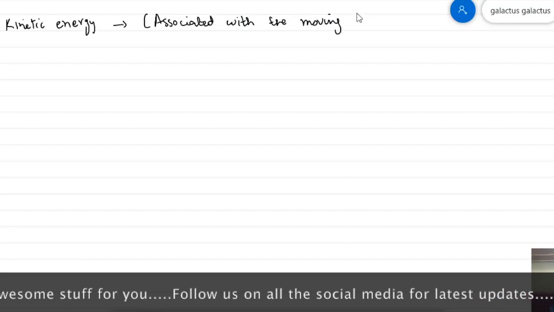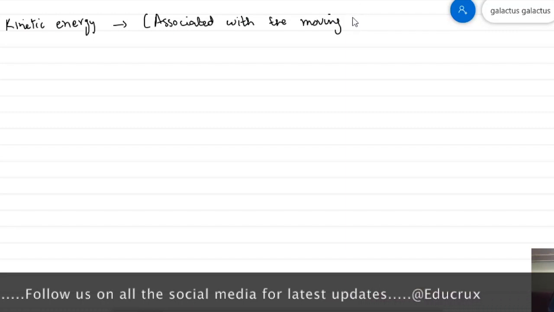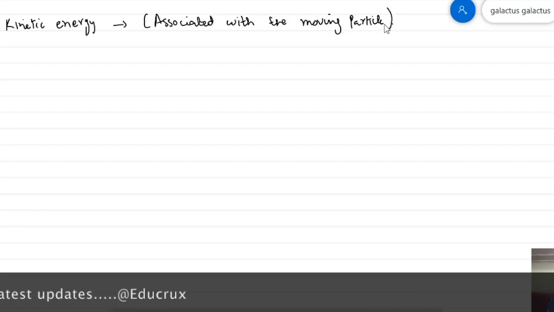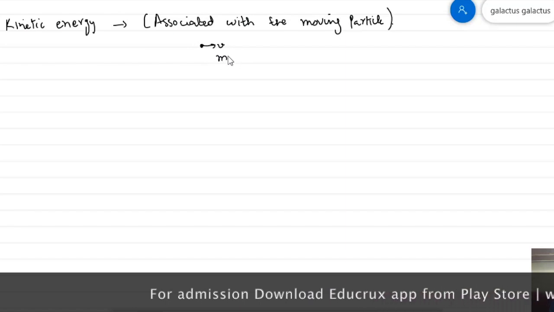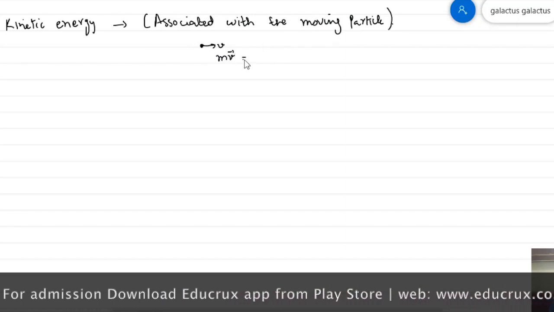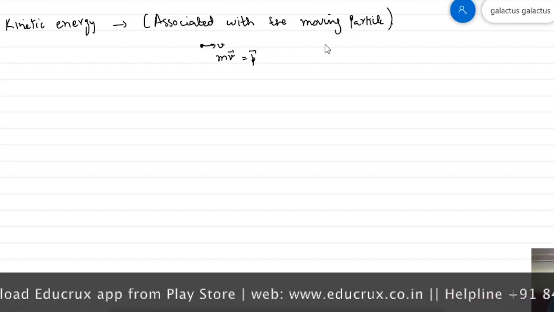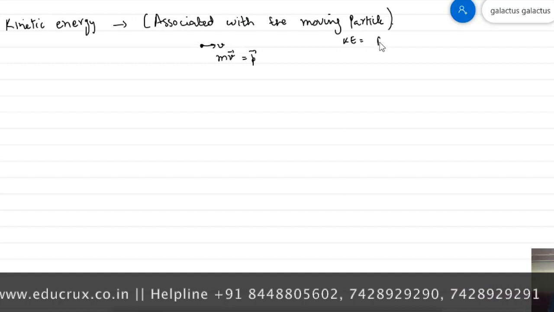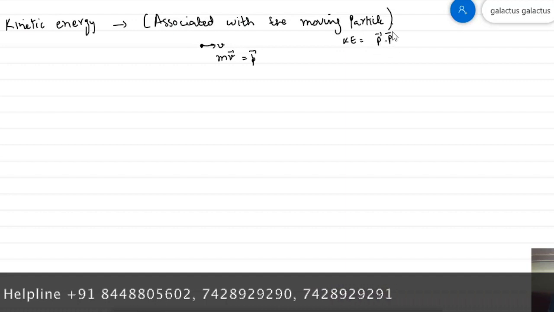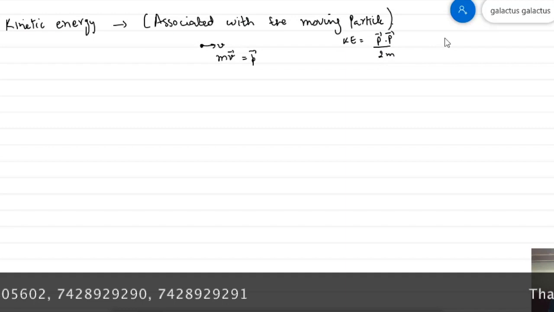So if I have a body that is moving with some velocity, then the energy associated with that particle will be kinetic energy. So let us say I have a ball that is moving with some velocity v, then the momentum corresponding to this particle is m v vector, which is equal to p vector. Then I can calculate my kinetic energy, and it's given by p dot p upon 2m.